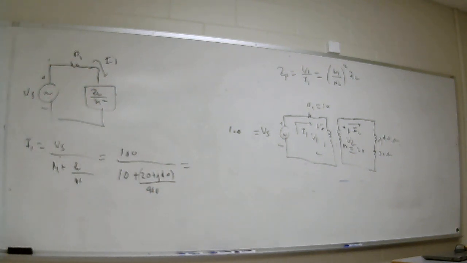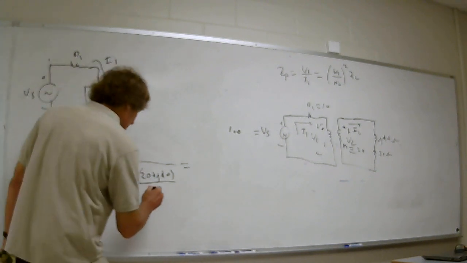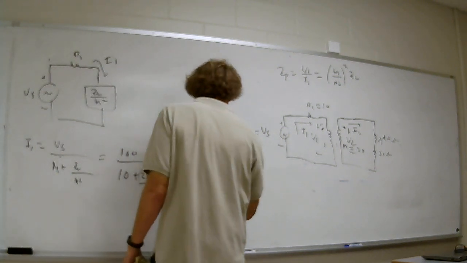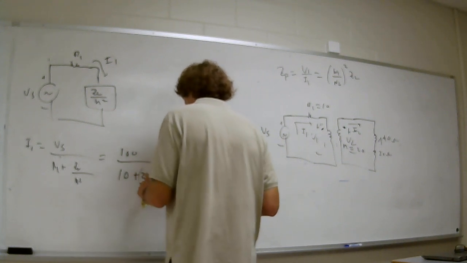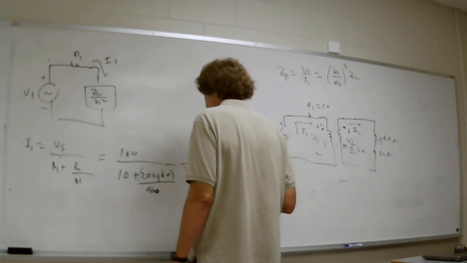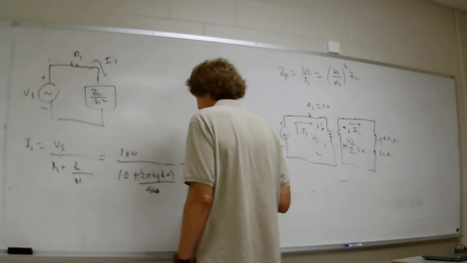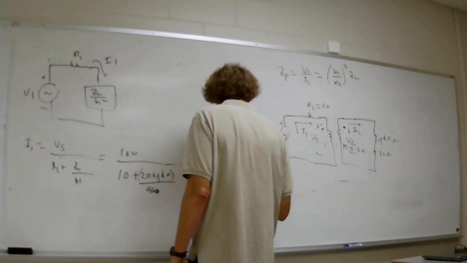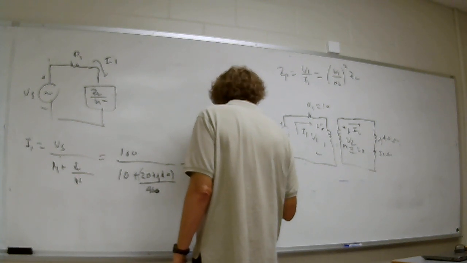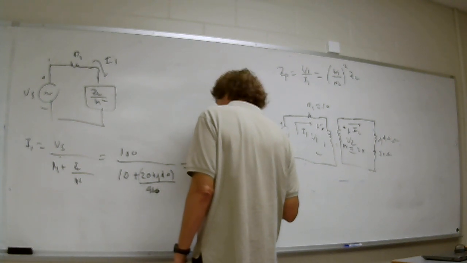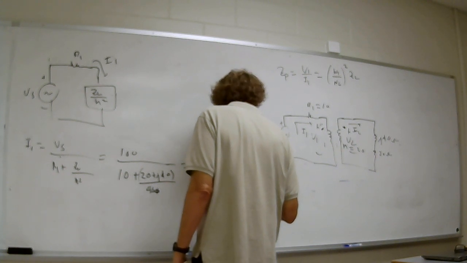So I got 100 over 10, and then 20 over 400 is really 2 over 40, which is 1/20th, plus J of 40 over 400, which is J 1/10.